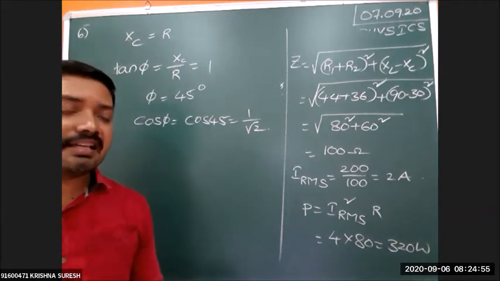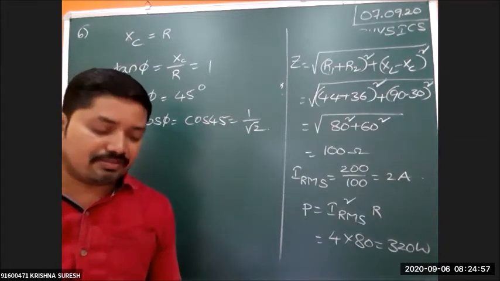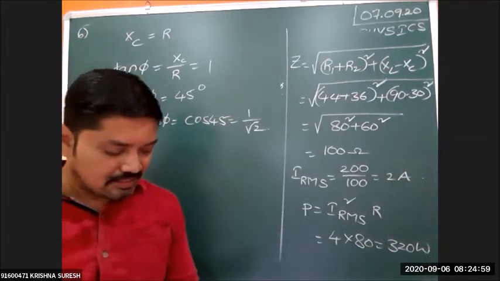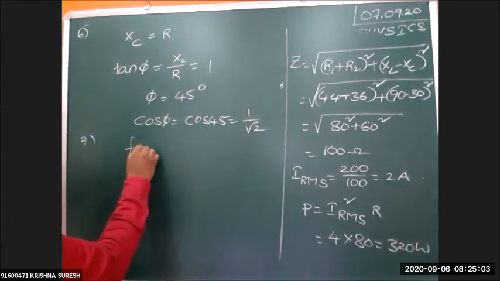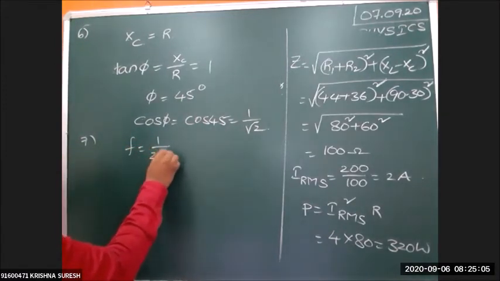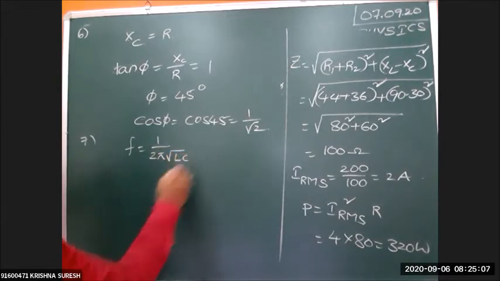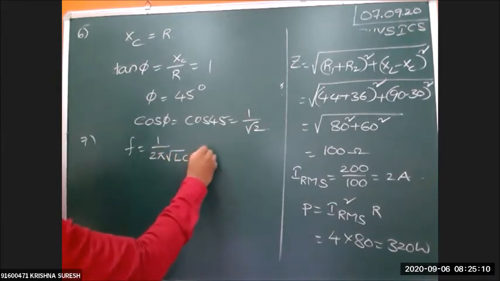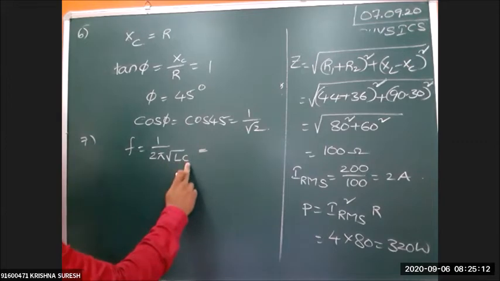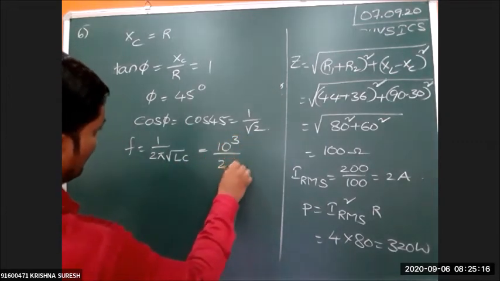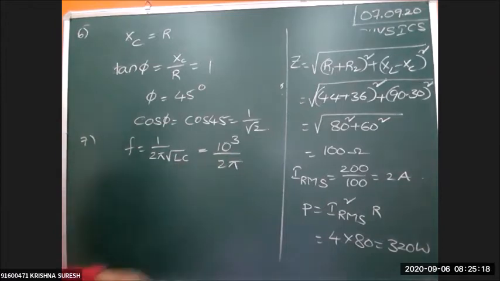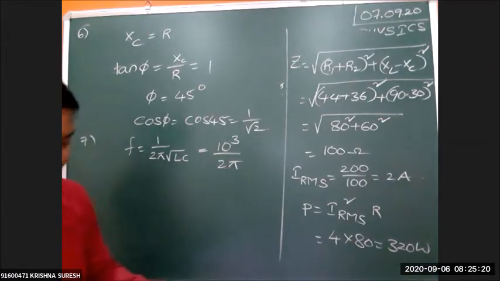At which seconds is he asking? At resonance condition, we know f is equal to 1 by 2 pi root of LC. If you substitute that L and C, you will get this value as 10 power 3 by 2 pi. We are substituting only L and C.